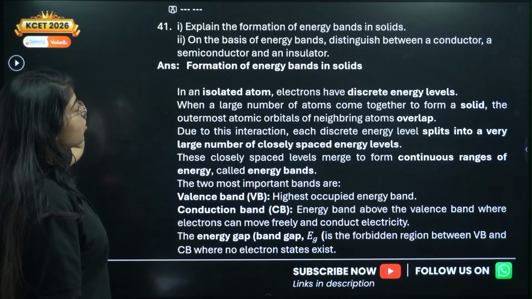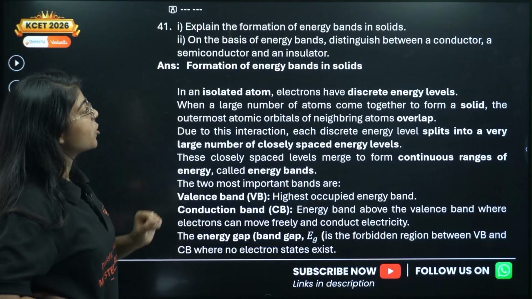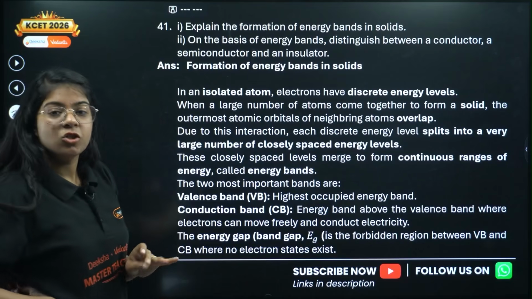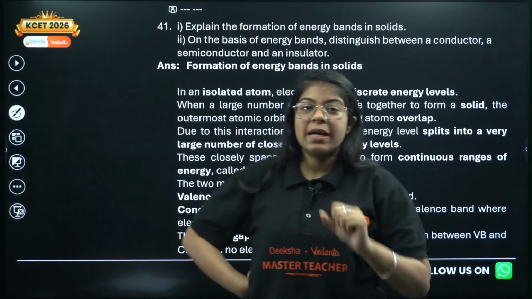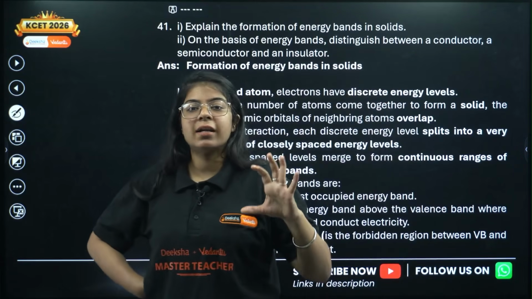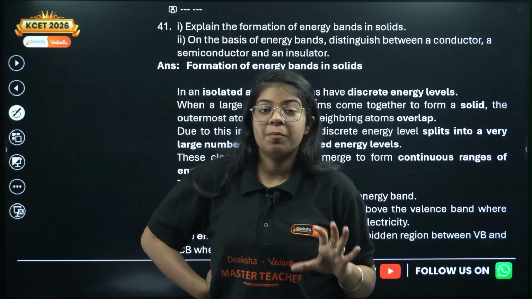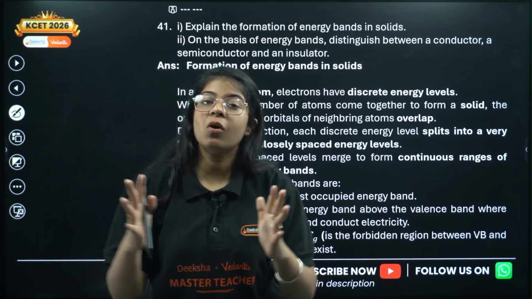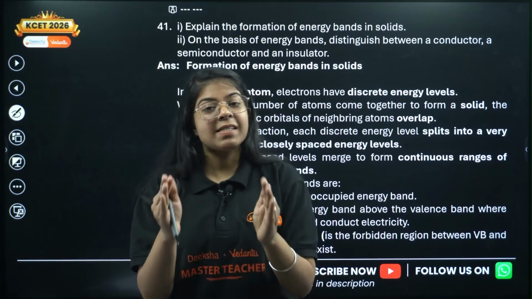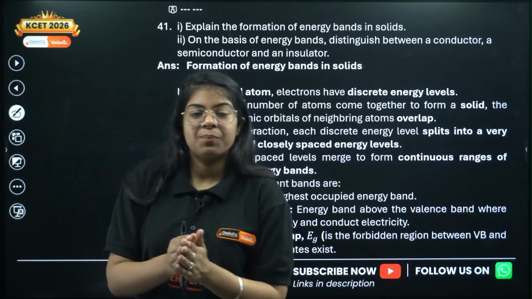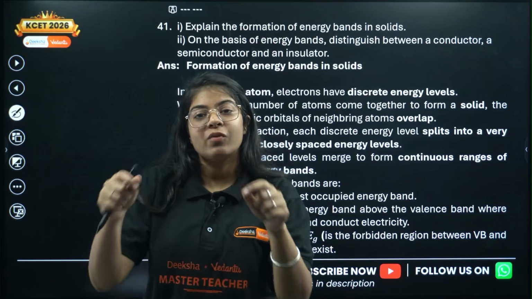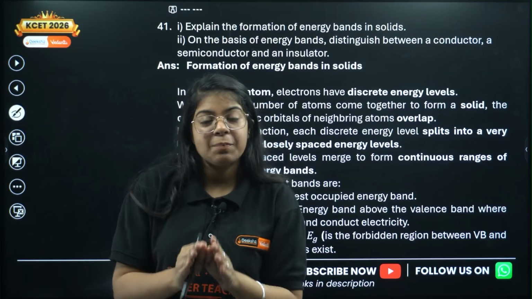Oh, we have a solution here. Explain the formation of energy bands in solids. What is happening is that in isolated atoms, electrons are chilling in their orbitals, but for solids, atoms come very close. When these atoms come very close, their valence bands overlap, and the electrons in those valence bands overlap again.